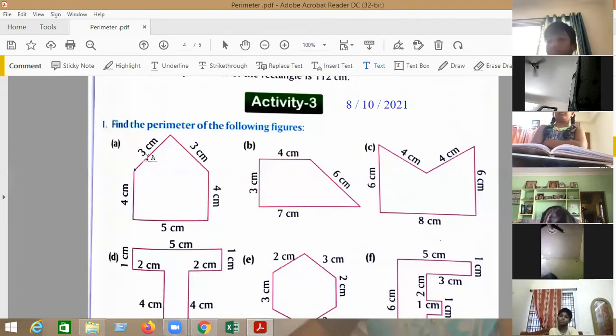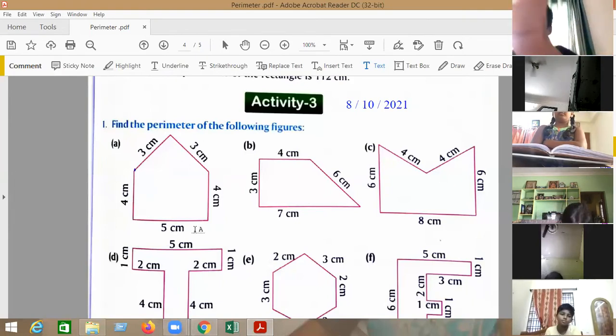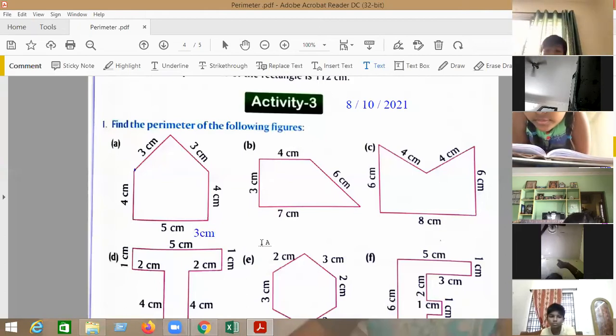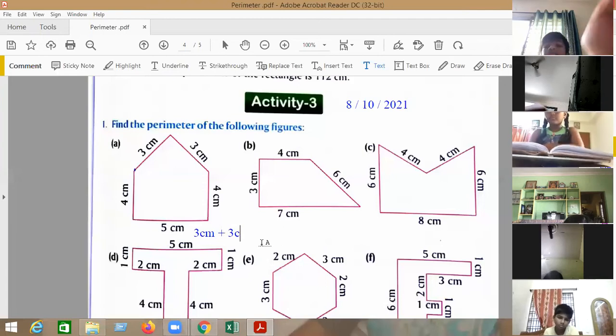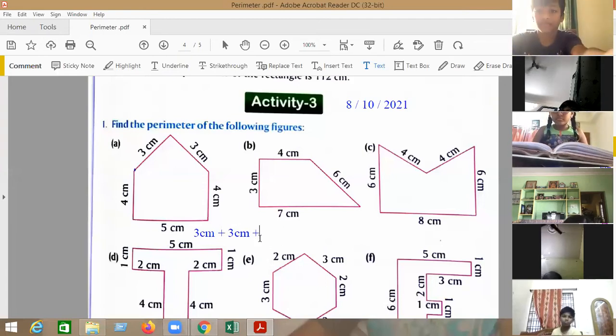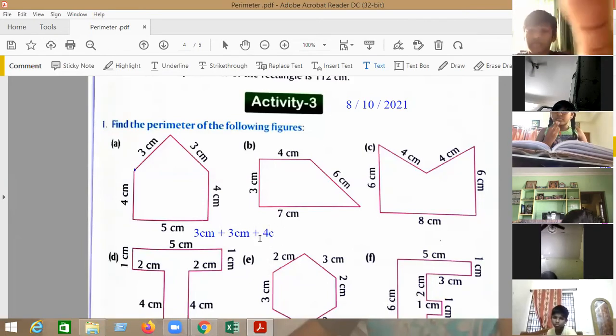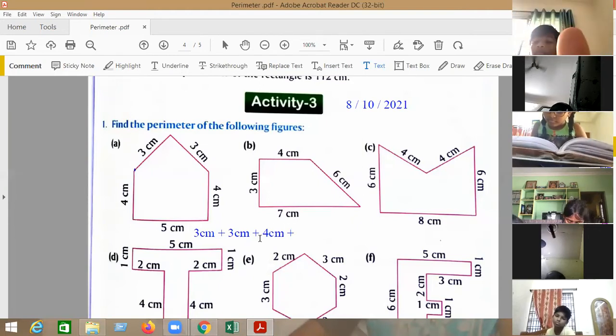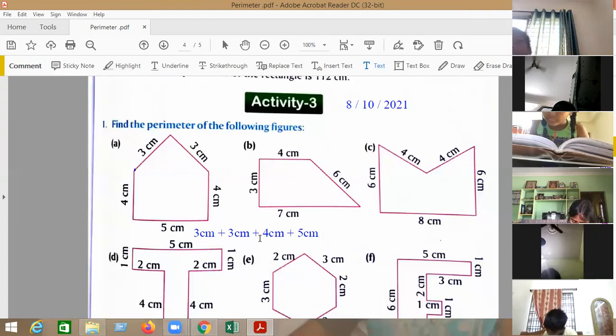Listen children, now we are going to start from the 3 centimeters. Write down: 3 centimeters plus 3 centimeters plus 4 centimeters plus 5 centimeters plus 4 centimeters.